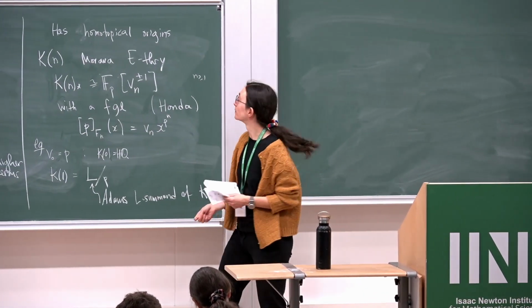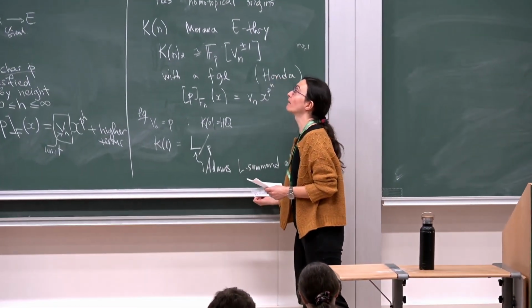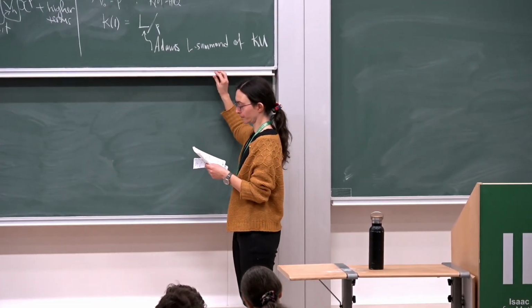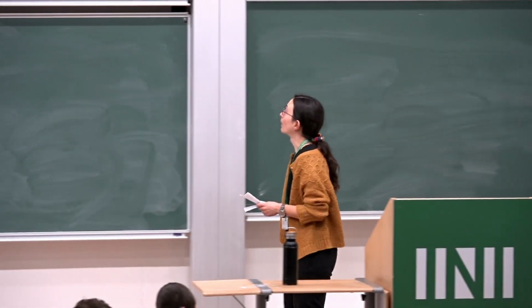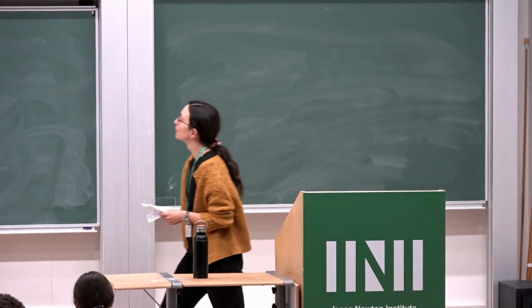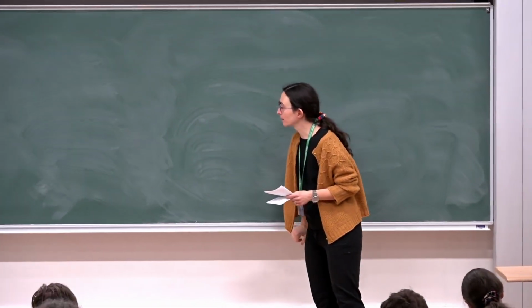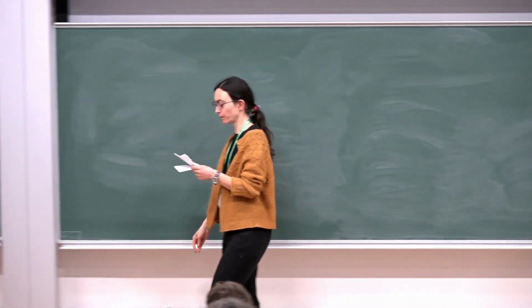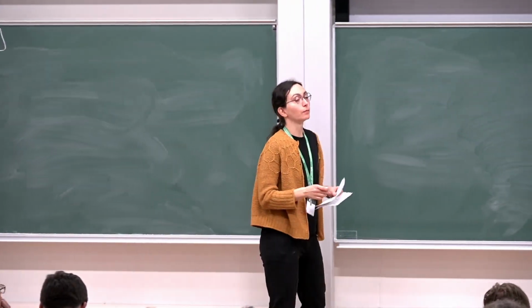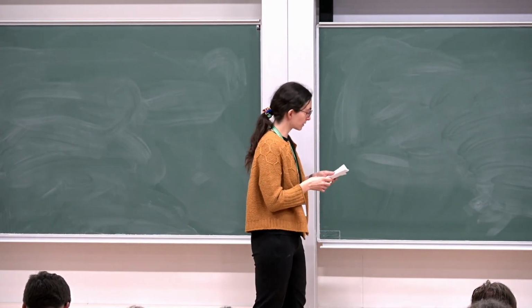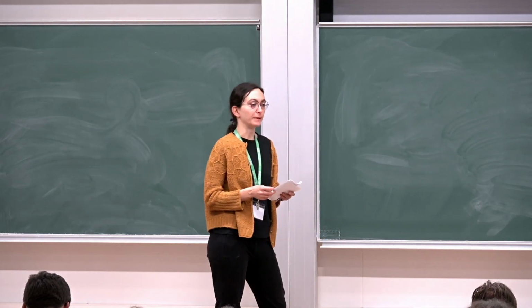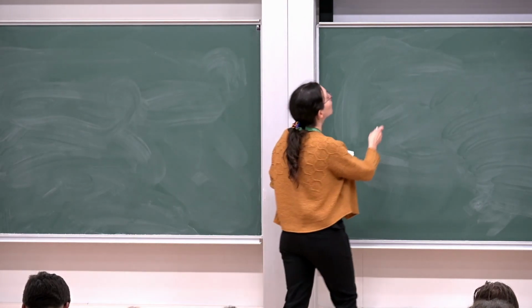So these Morava K theories, okay, well, they play various roles, but one of the roles that they play is that we get to localize with them, and then our life gets a little bit simpler and more concrete.